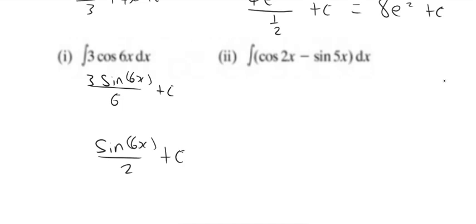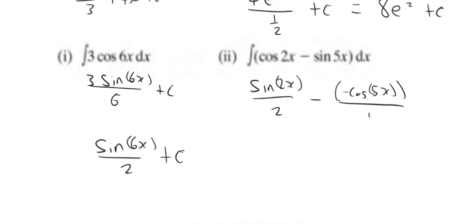Right, this one, it will be cos, cos changes to sin, so it'll be sin of 2x all over 2 minus sin will change to minus cos, so it's minus cos of 5x all over 5.